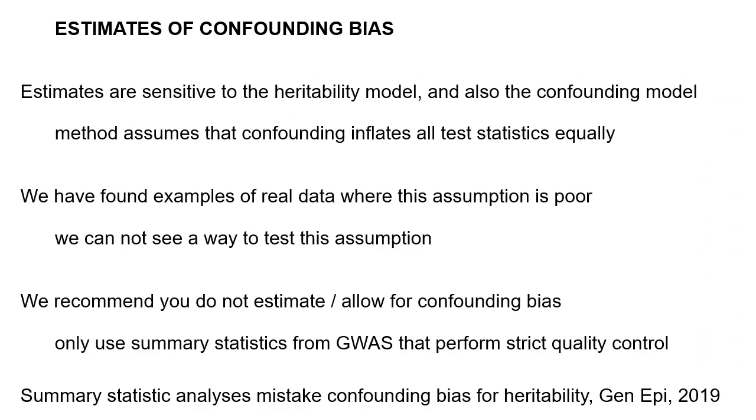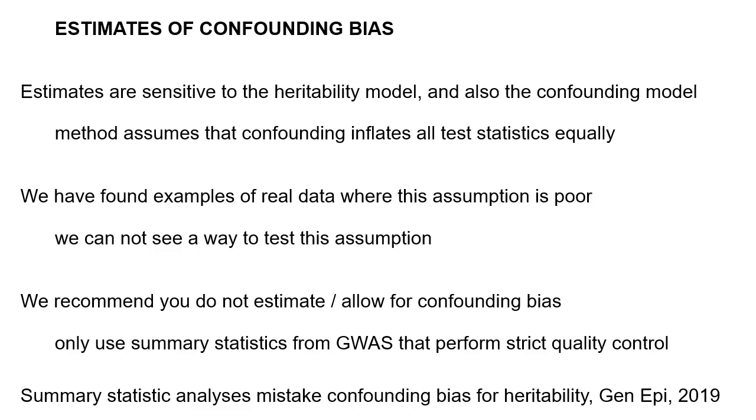So for completeness, I'd like to return to these estimates of confounding bias. We found that not only are they sensitive to a choice of heritability model, but also to a choice of confounding model. As a reminder, these estimates are based on the assumption that confounding affects all test statistics equally. In our paper from last year, we found examples where this assumption is strongly violated.